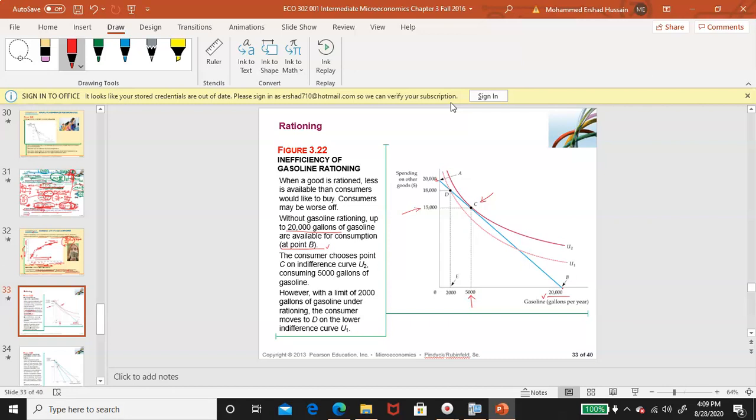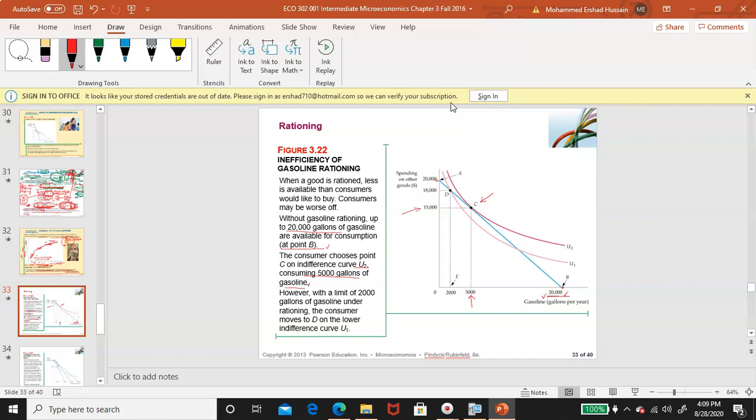The consumer chooses point C on the indifference curve U2, consuming 5,000 gallons of gasoline. See? Okay, so this is not $20,000. This is actually 20,000 gallons of gasoline. And then what happened?